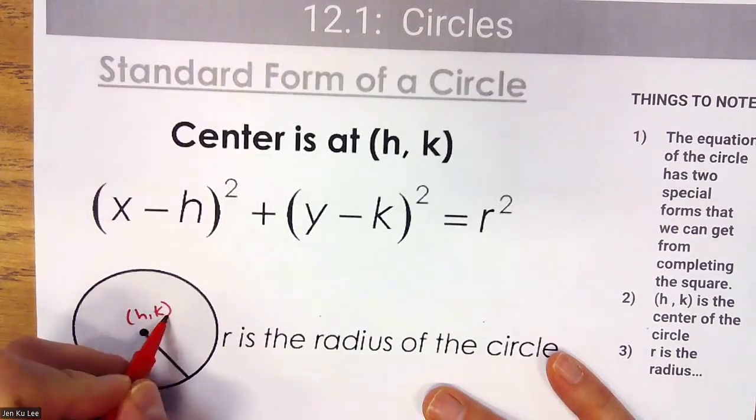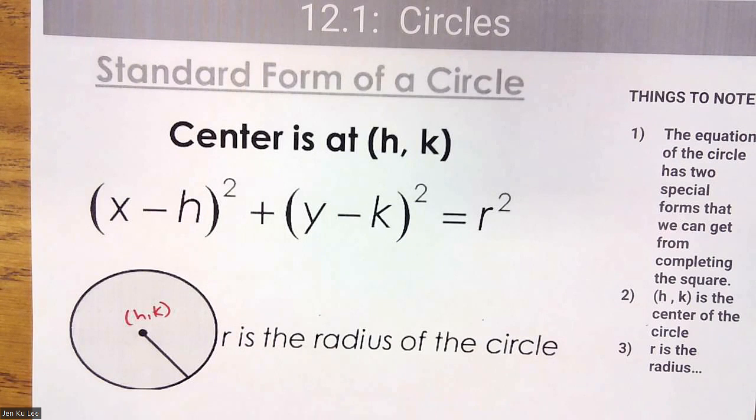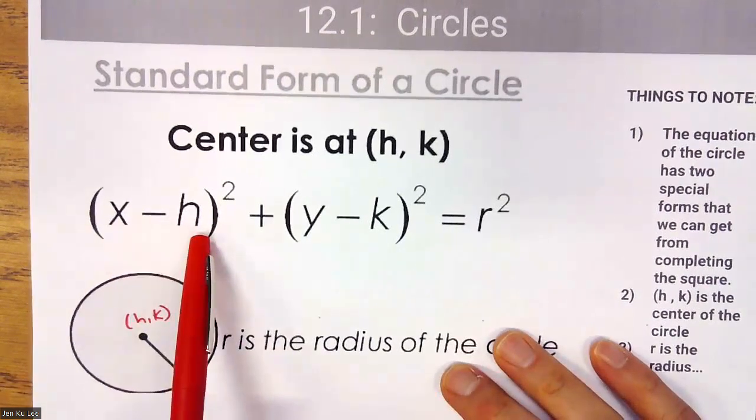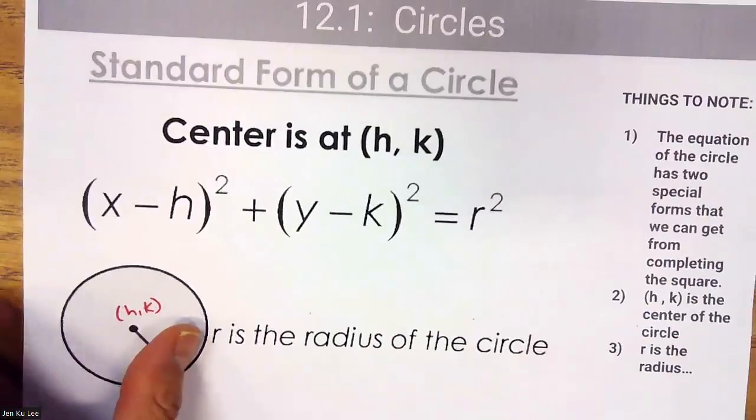And it's easy to graph, and I'll show you guys what to do there. If your h value is at -3, it would come out as x plus 3. So it would flip the sign.